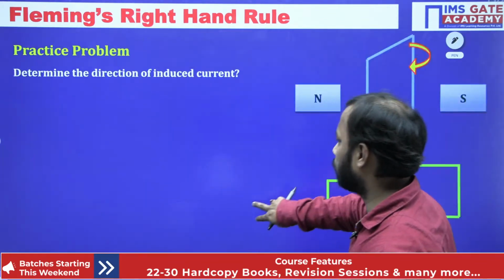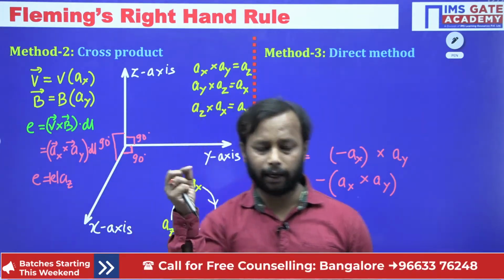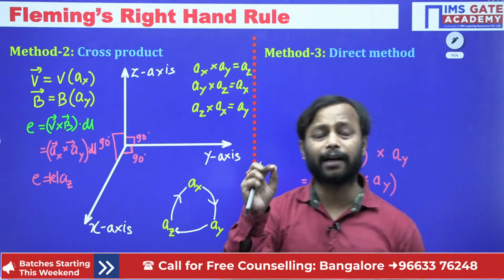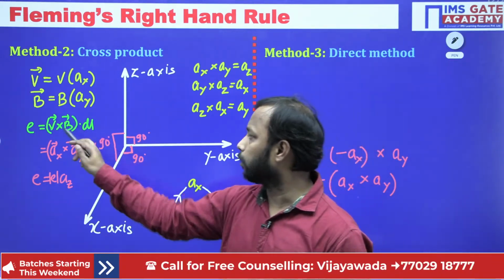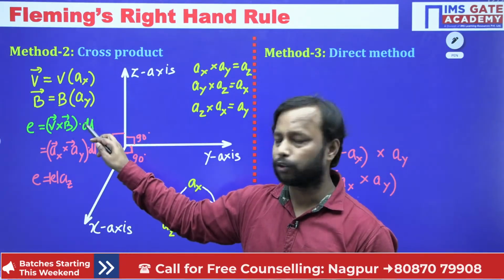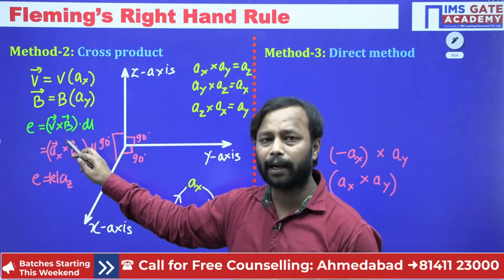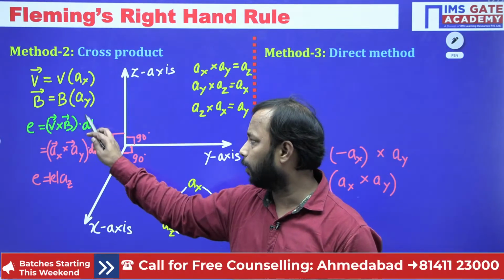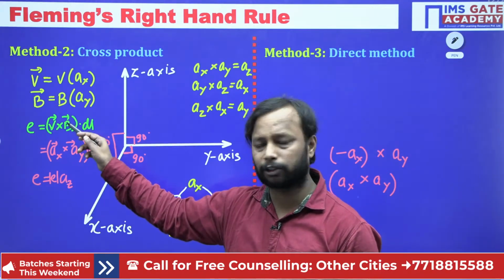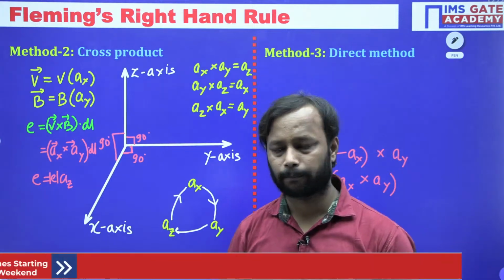Earlier, E equal to V cross B implied that whenever a conductor, which has some length, is moving with velocity V inside the magnetic field B, then EMF will be induced in that conductor.